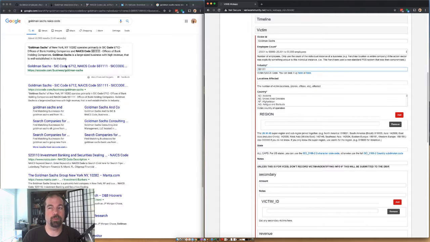And many times they do multiple of them, which makes it really hard to get the correct NAICS code. But we use our best, and ultimately for technology, we're never going to have a technology NAICS code. We'll always have the industry standard ones. And so even if you're using SIC codes, which are an alternative, it's the same way. There's no technology option. Locations affected, it sounds like 1.